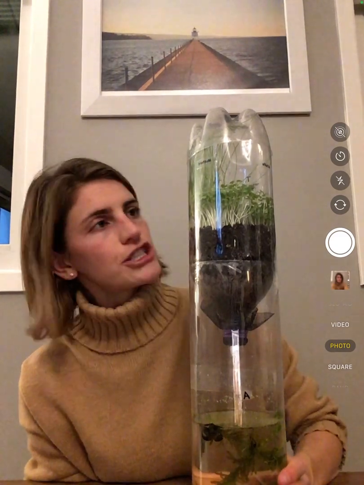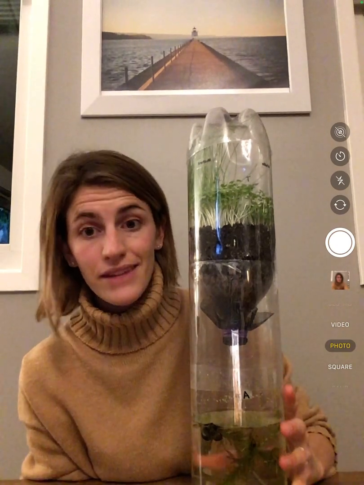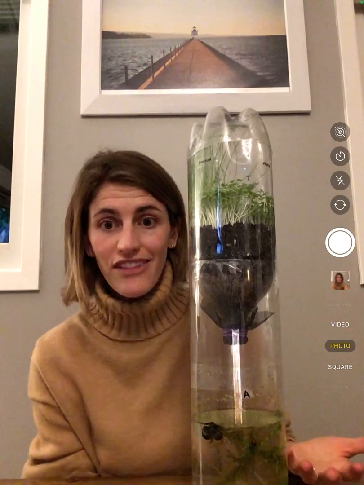Think about other connections that might exist between the terrarium and the aquarium in this ecosystem, and how these two systems might impact each other now that they are connected.